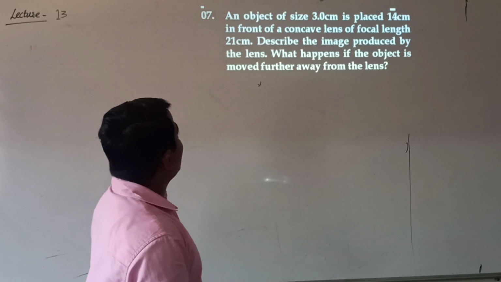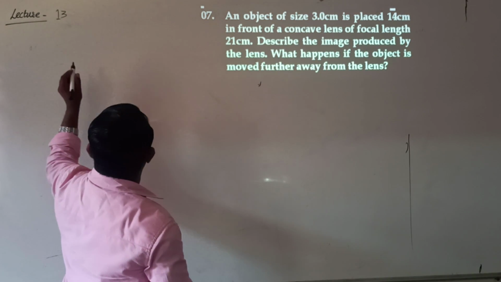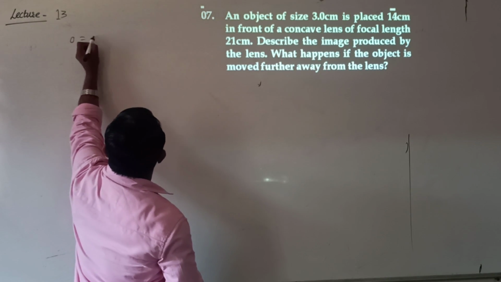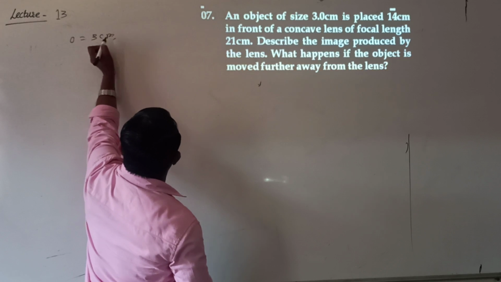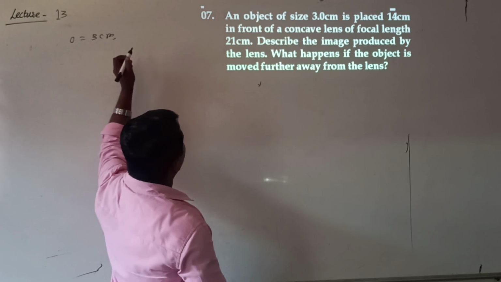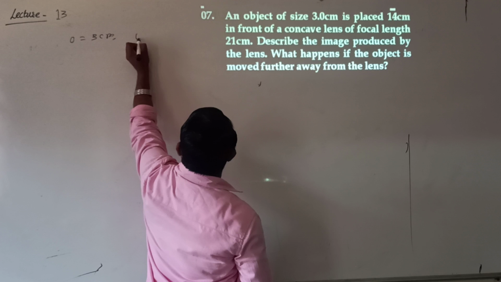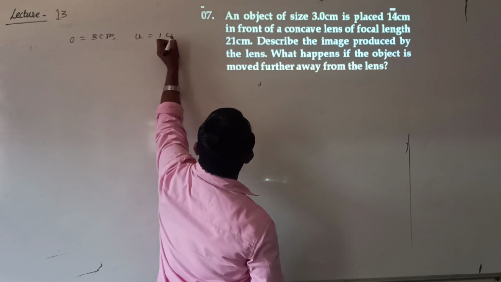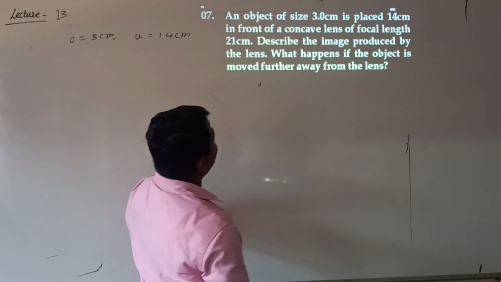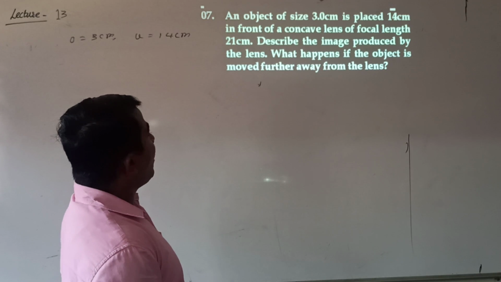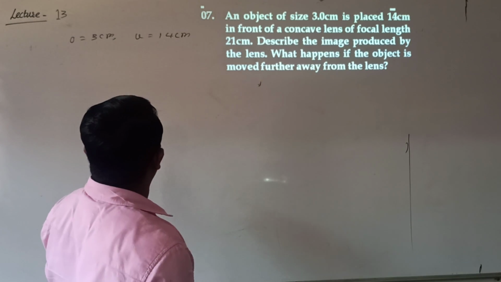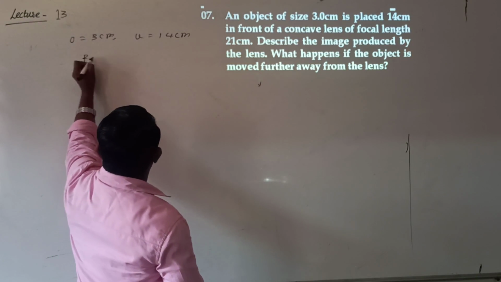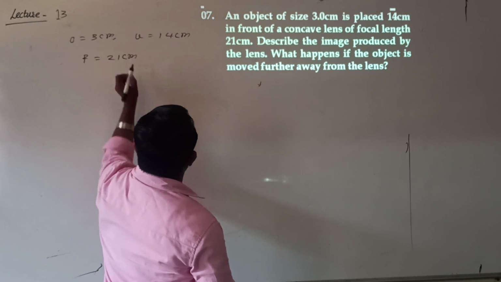What has he given? The size of the object is 3 centimeter, placed 14 centimeter in front of the concave lens, that is U is equal to 14 centimeter, with focal length 21 centimeter, F is equal to 21 centimeter.